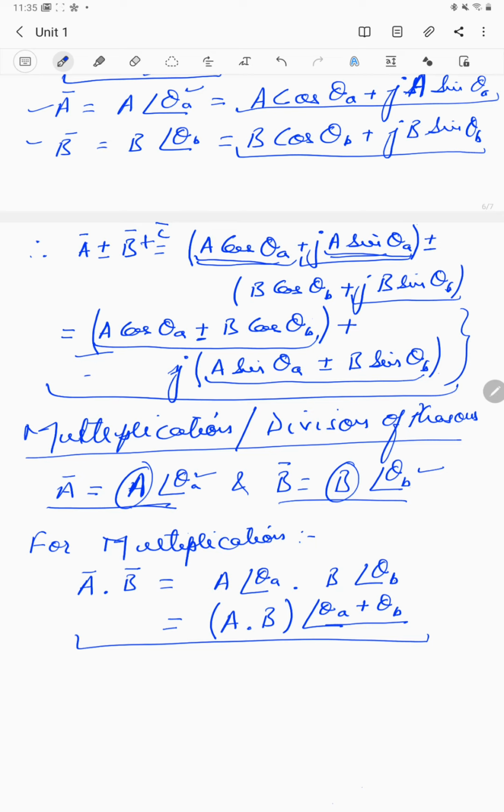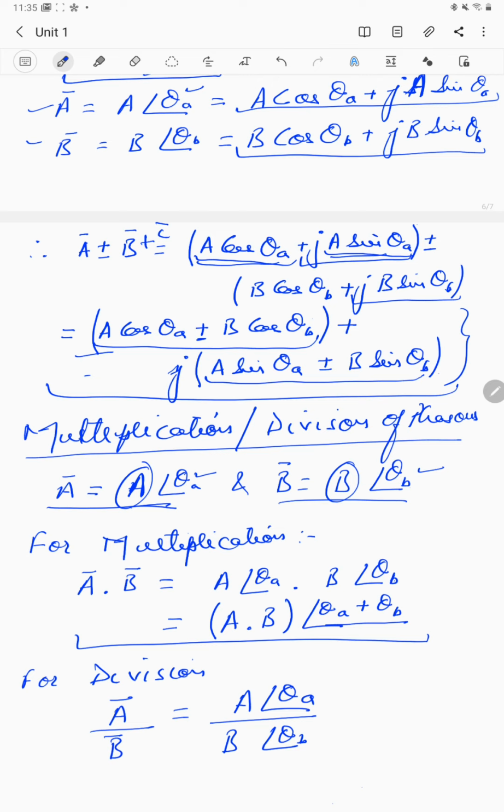So this is your multiplication. Okay, for division, phasor A divided by phasor B means A angle theta A divided by B angle theta B. In this case, the magnitudes A and B should be divided, and the phase angles should be subtracted.